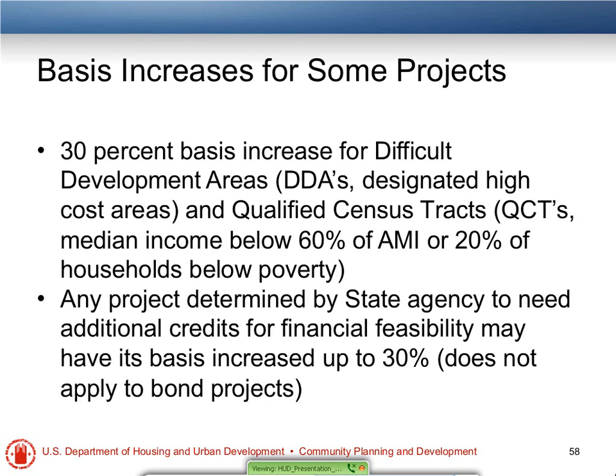You would apply for that typically when you apply for tax credits, ask for the additional boost to make your project feasible. The state agency can award credits anywhere up to that 30% or enough to make your project feasible. It may not need any of that 30%. It may not even need 100% of the tax credits that it qualifies for. So it's able to do that at its discretion.